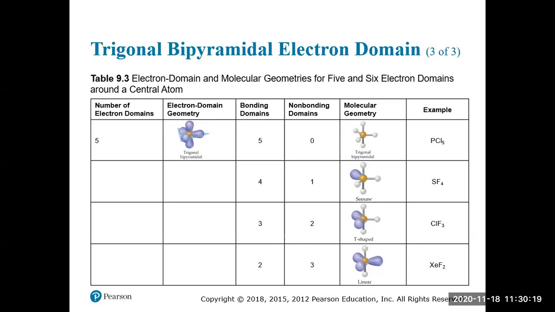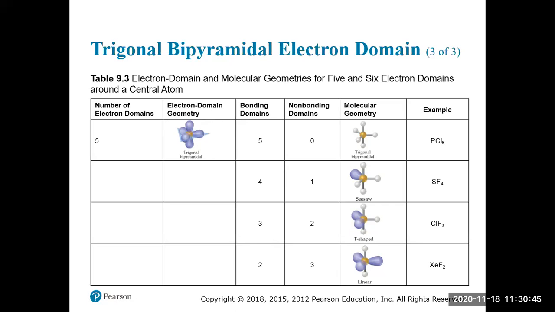The next one is we substitute two of those bonding domains for two pairs of non-bonding domains, so two pairs of free electrons. Those free electrons are once again designated by the two blue lobes on the equatorial plane, and the result is a T-shaped molecular geometry.